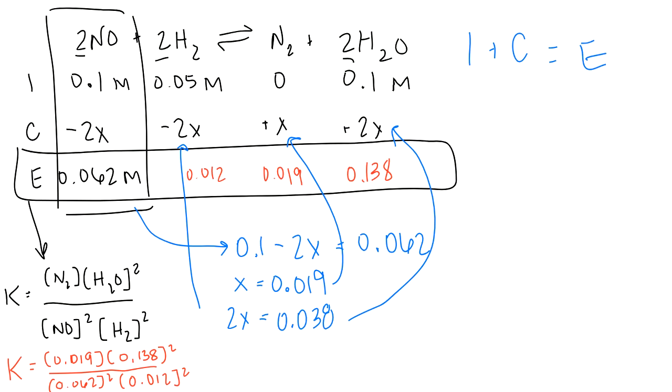So now we have all of our pieces plugged in, and we can solve for our final answer. And the value that I get for Kc at the end of the day is 654.